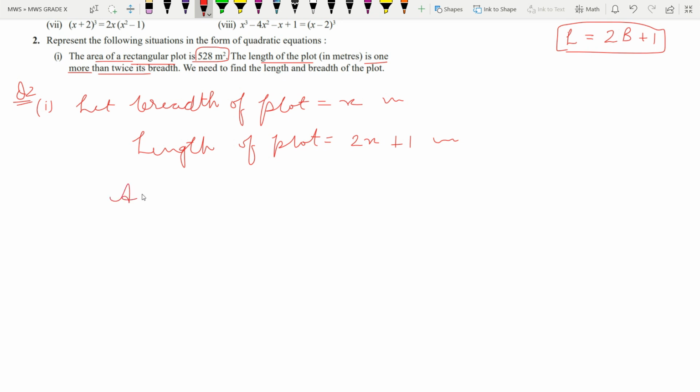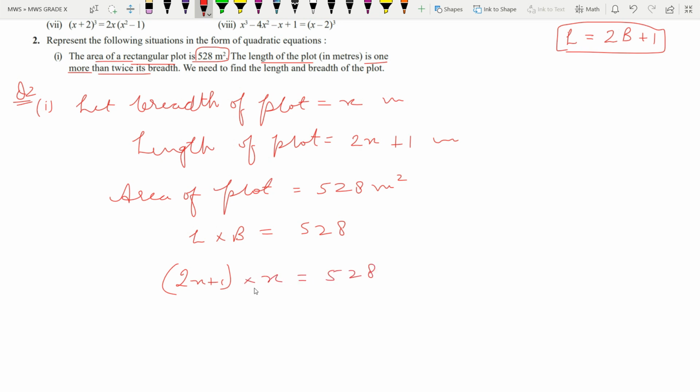Now accordingly, area of the plot is given 528 meter square, and area of rectangle is L into B equals 528. Length is 2x plus 1, and breadth is x, equals 528. Multiply it, 2x square plus x, bring this 528 to this side. So this is the answer.